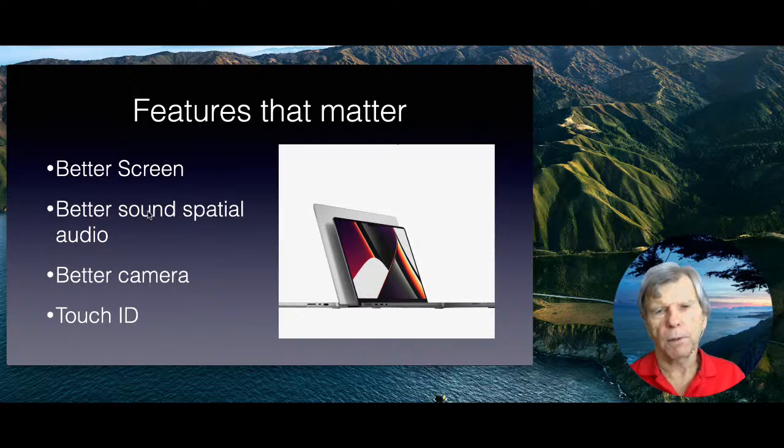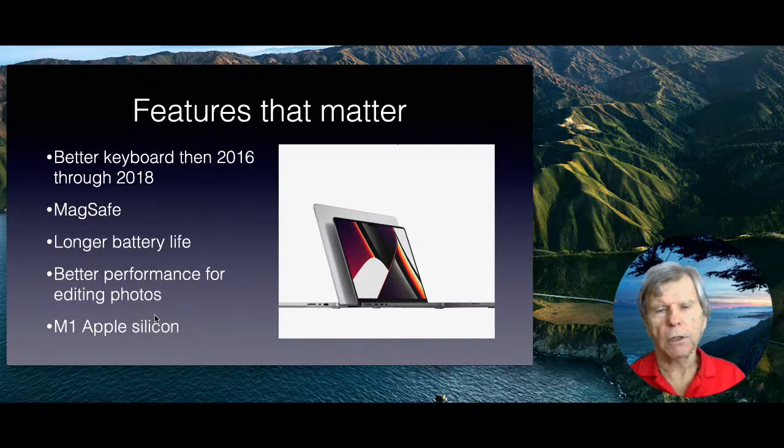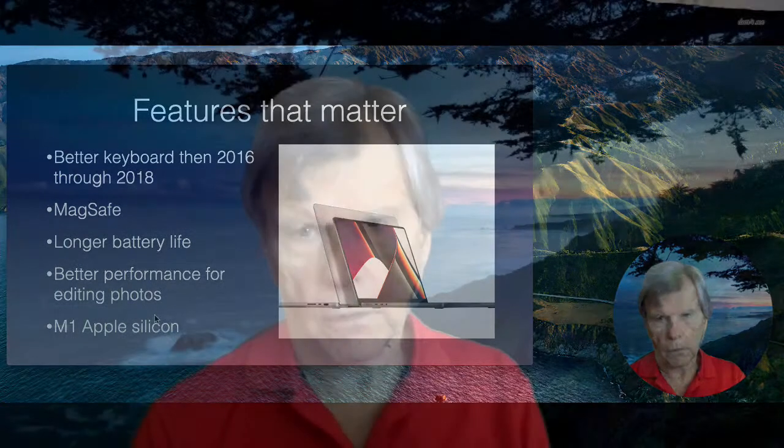It has much better sound, spatial audio, easier on these ears that are doing the same thing. It has a better camera, so you don't have to add a webcam. You can use the built-in camera and do just fine. And it retains the Touch ID, which makes it easier for you to put in passwords and do some other functions.